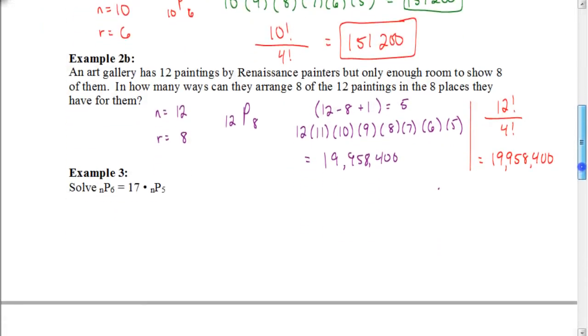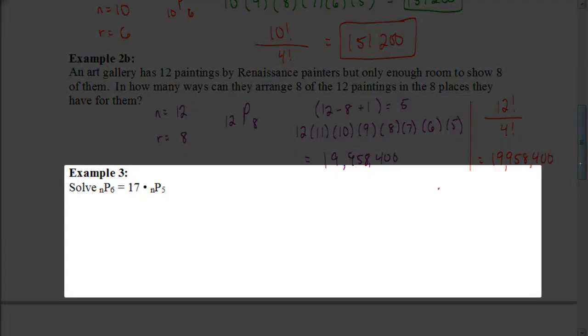Now let's look at this next example. This next example is kind of tricky. We're going to solve this equation. We need to figure out what my value for n would be here. In order for us to figure this out, we're going to have to use that first method. So for this one, I would start with n times the one below that, n minus 1, and then n minus 2, then n minus 3.